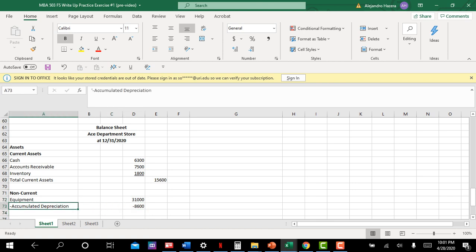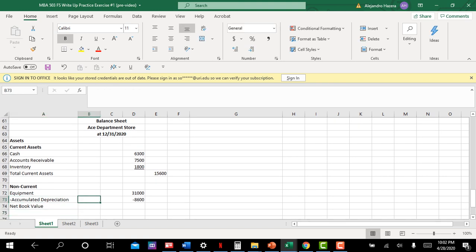Now, what does all this imply? First of all, I'm going to tell you the term, but I'm going to give you an implication of this. We're going to call this net book value. Now, in accounting, always look at the meaning of the words. This is saying that you paid $31,000 for this equipment.